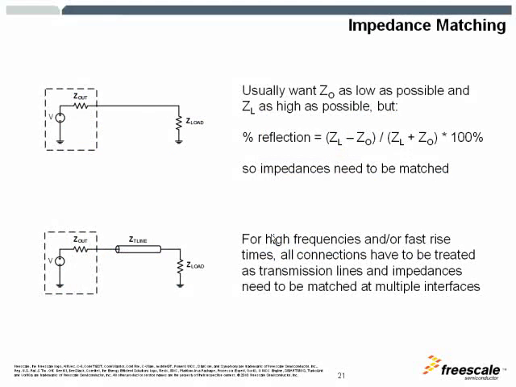In DDR, unlike other interfaces, impedance matching is required. That would mean that the reflection must be reduced to 0, and based on this formula that you see on this page, the load and the output impedance of the driver must match, and when they match, the reflection would be 0.